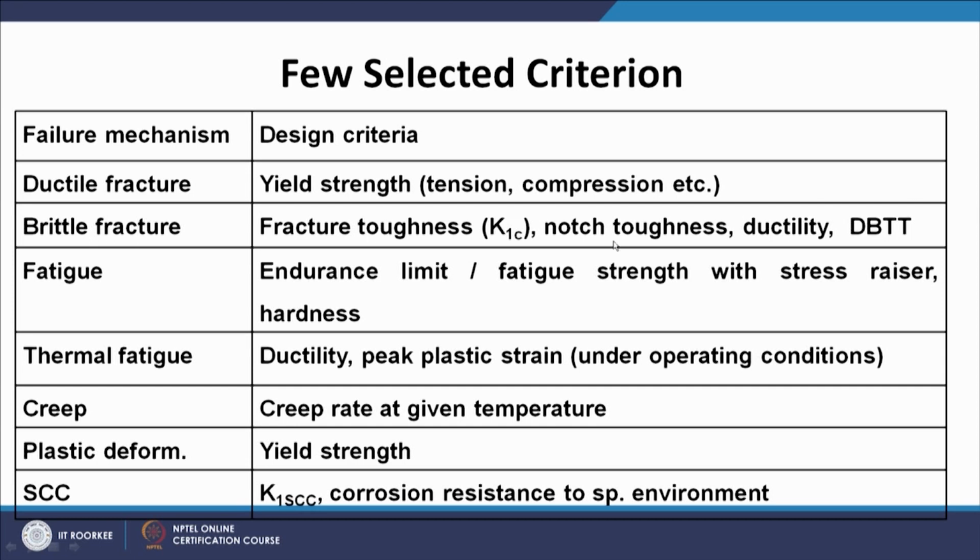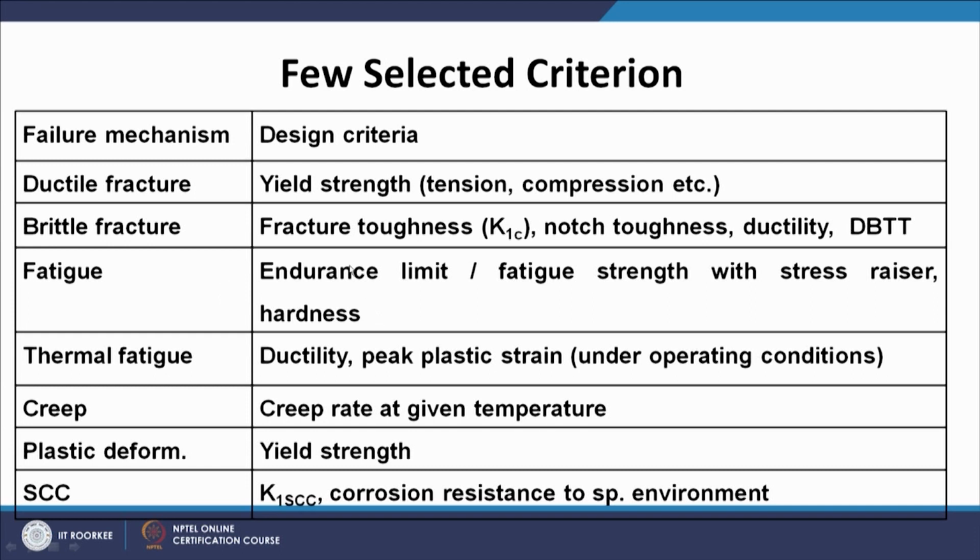If the expected failure mechanism is brittle fracture, then we need to consider the fracture toughness, notch toughness, ductility, ductile to brittle transition temperature, so that the material can perform and its design can be based on these parameters and it can perform the intended function successfully in order to avoid any premature failure.